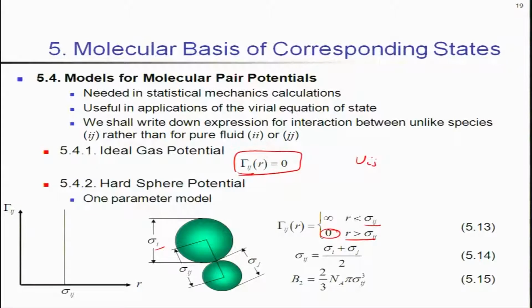If they are at that distance or closer, the potential is infinity. In other words, the potential as a function of r will look like a spike at sigma ij. It is 0 and then it shoots to infinity.